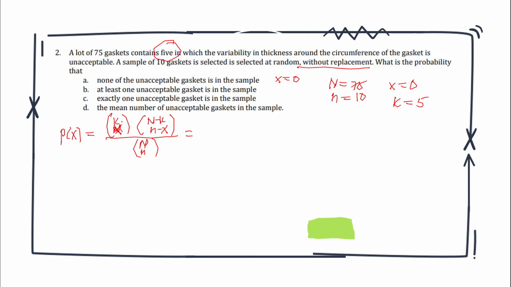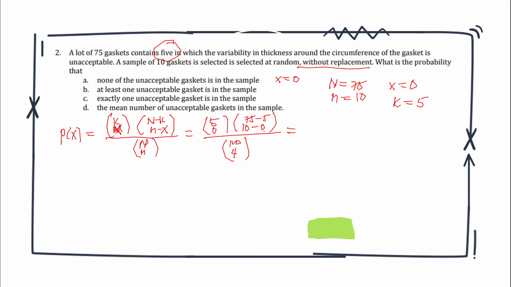So by the use of the formula, K, what is our K? It is 5, taken x which is 0, times N minus K, what is our N? 75 minus 5, taken n, which is 10, taken 0, over N, 75 taken 10.